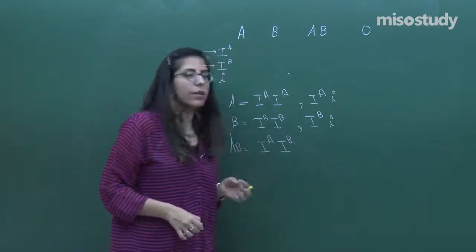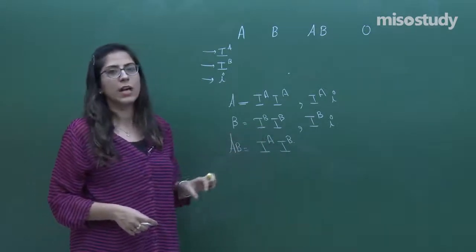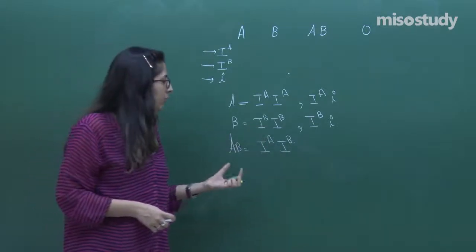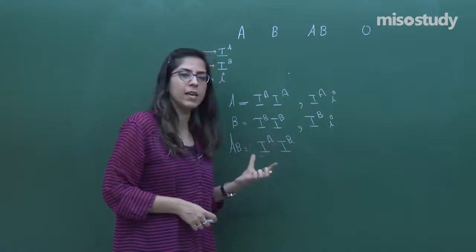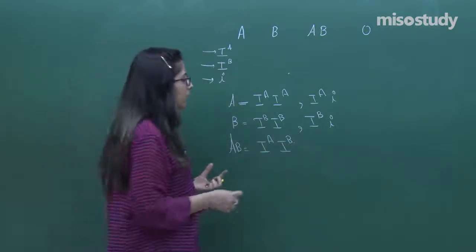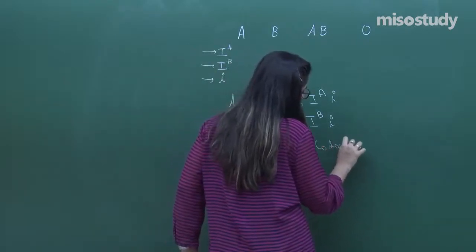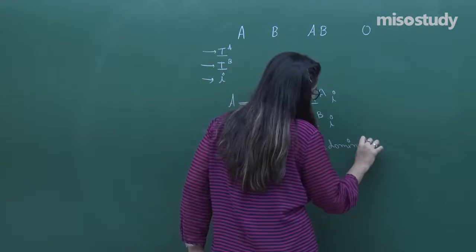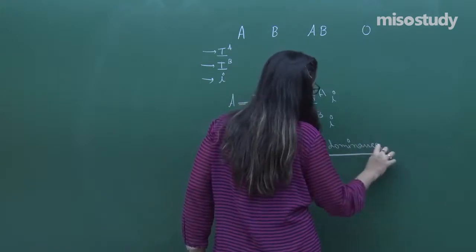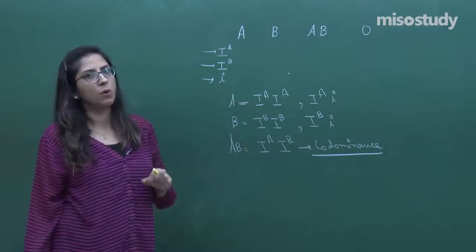This is a very good example of codominance, where both genes are dominating. That's why there is expression of IA and expression of IB. This type of phenomenon is called codominance. That means expression of both IA and IB in AB blood group is called codominance.